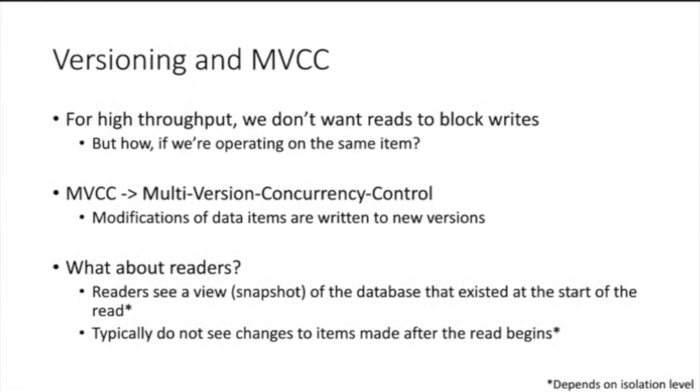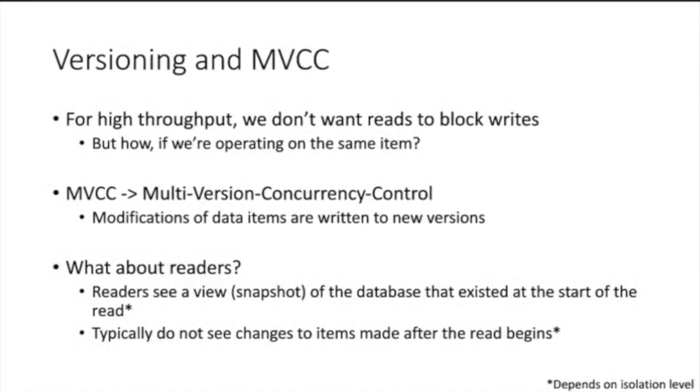And the general idea is that if we want some sort of high throughput with reads and writes happening at the same time, we don't want every read to block every write on the same item or the same pair. So what we can introduce is something called MVCC, or multi-version concurrency control.